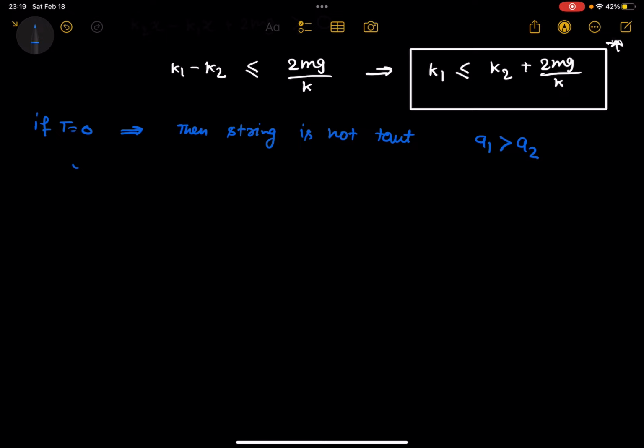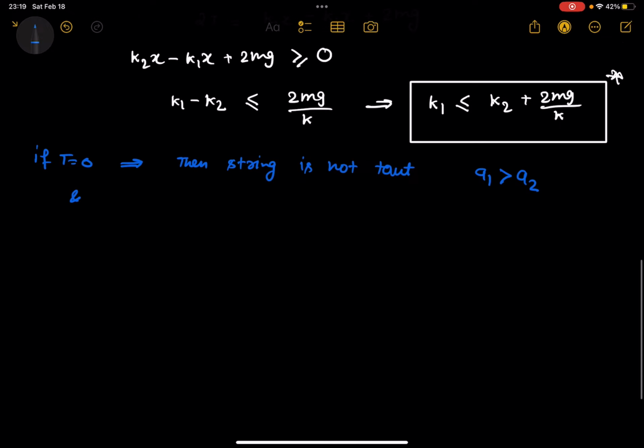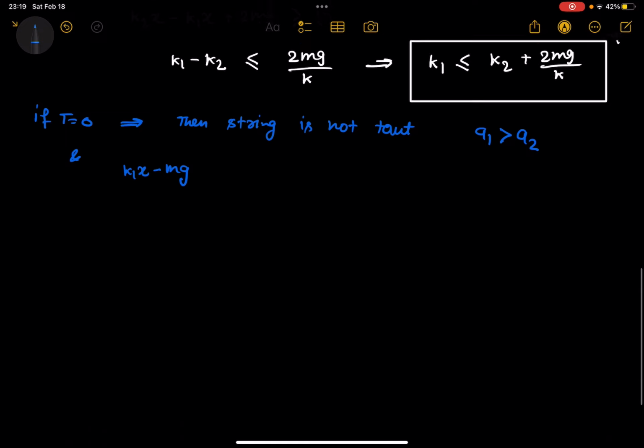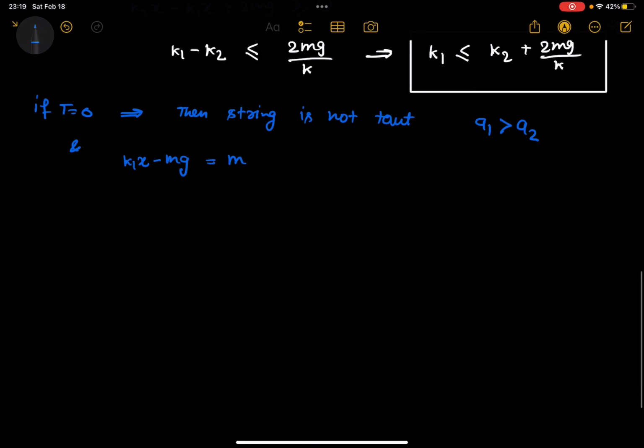K1x minus mg equals ma1 and mg plus K2x equals ma2.